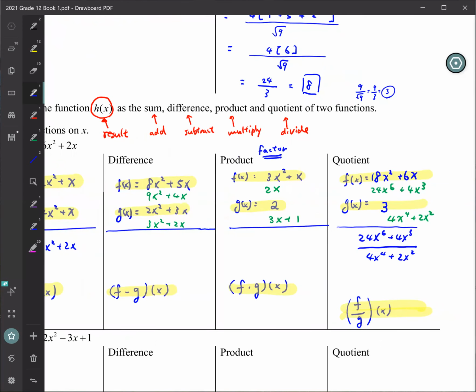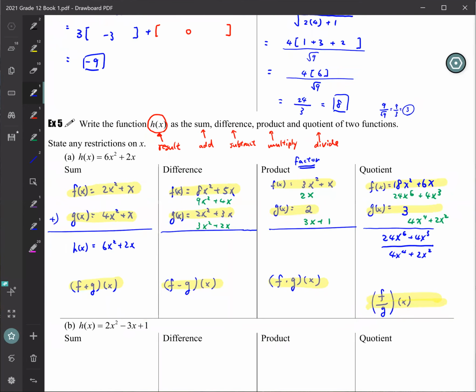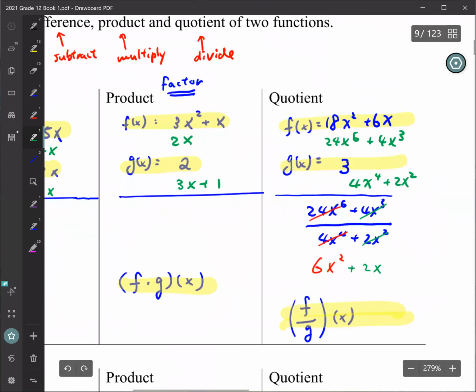I'm thinking that you got this because you feel that you divide these two and then you get the 6x squared, and then you divide the last two, then you get the 2x. That's why you got the answer, right? I'm assuming that. Is that right, Angela? I think so. Yeah, okay.